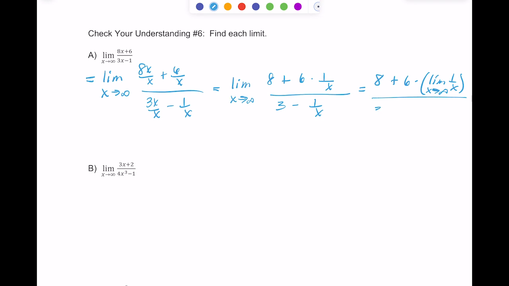And then I have the limit of 3 minus 1 times the limit as x approaches infinity of 1 over x. And these will just turn to 0. So they're just going to go away. So really what you're left with is 8 plus 0 over 3 minus 0, which is just 8/3. And that's your final answer.